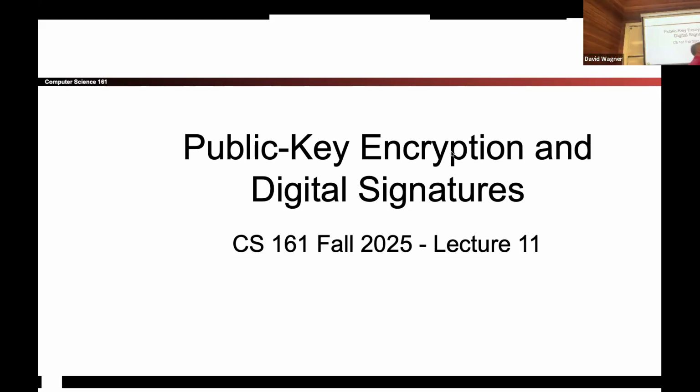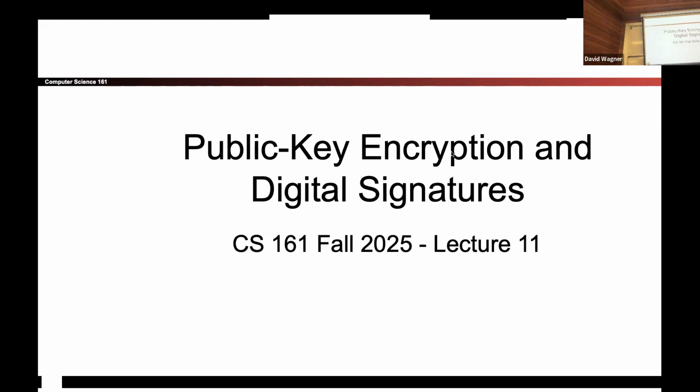Yeah? Totally. Yes, exactly. If there's an interceptor, Mallory, who is intercepting messages and changing them and replacing them with other messages, then Alice can end up sharing a key with Mallory, not with Bob.